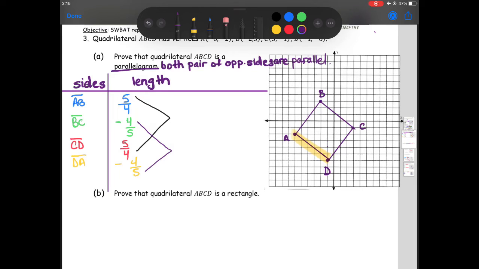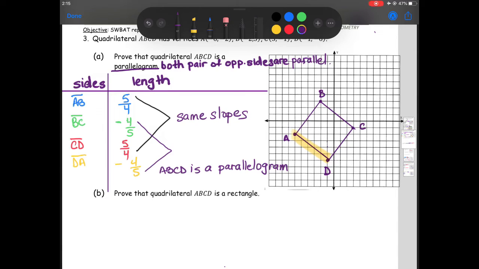So what can I say? Same slopes, right? Let's write that down. Same slopes for both of them. So what can I say? ABCD is a parallelogram. Literally the same definition that we were trying to prove, used to prove that they are parallel.